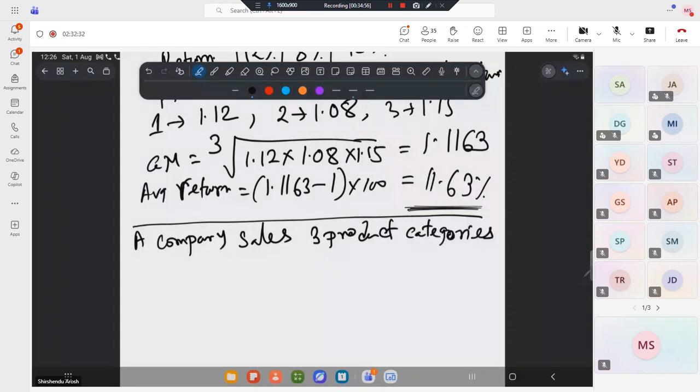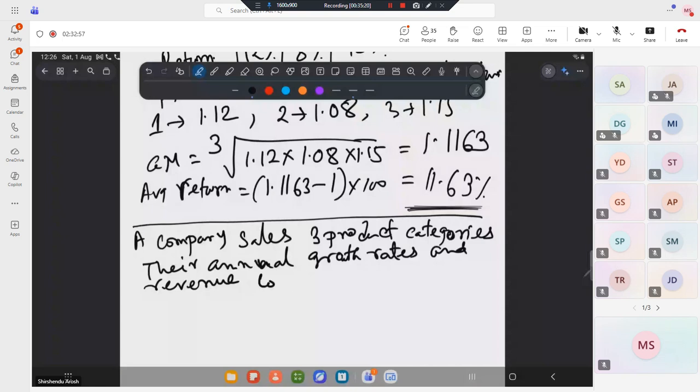Their annual growth rates and revenue contributions are as follows.